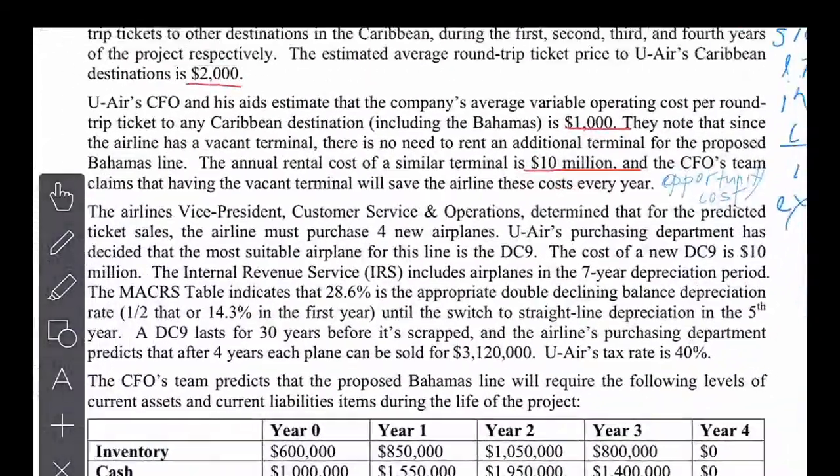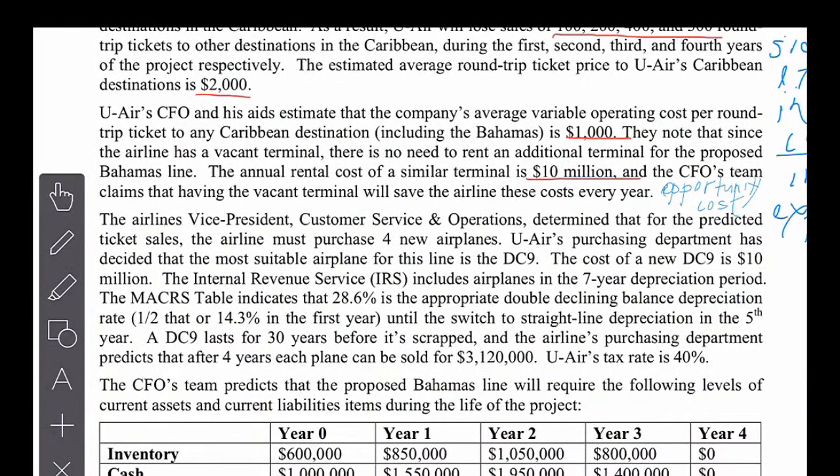Okay, so continuing. So we've done most of it. We've done half. Let's keep going. The airline vice president, customer service and operations determined that for the predicted ticket sales, the airline must purchase 4 new airplanes.